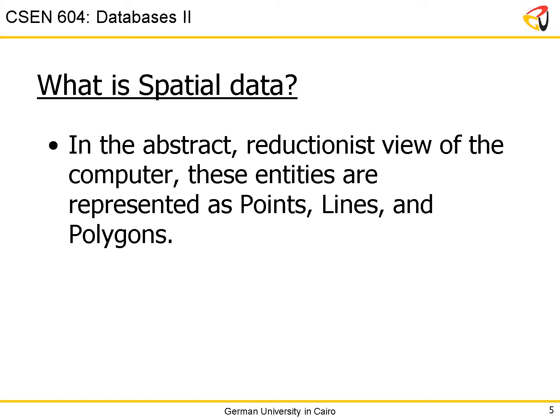Or if I'm, for example, referring to the intersection point of two streets, that's a point on the map. So anywhere I could store a point, X and Y, or X, Y, and Z if you'd like to introduce height, that would be how we represent a spatial point.